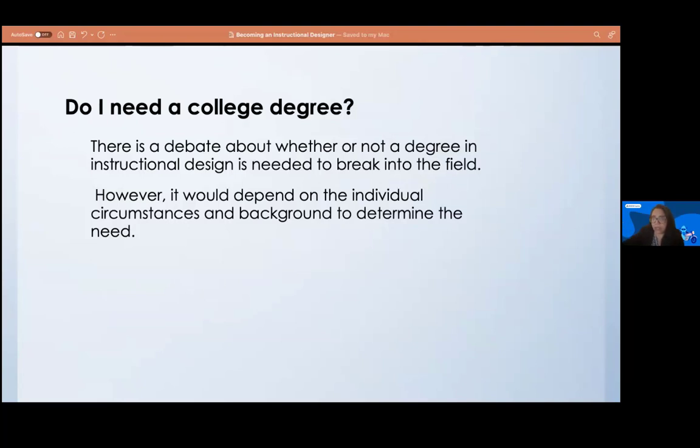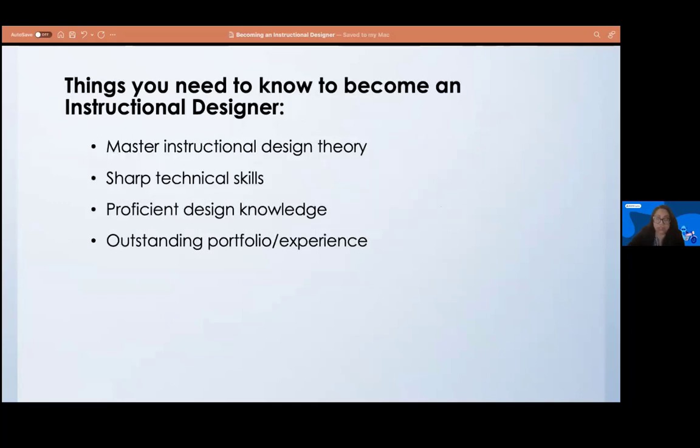However, if you go to the corporate world, in lieu of a college degree, you can have experience, and you can present the projects you have done, and that will back your expertise. So it will depend on your needs and on what specialization in instructional design you're going after.